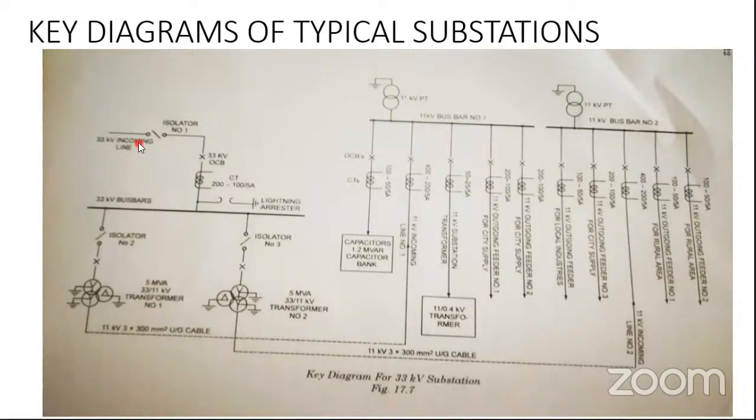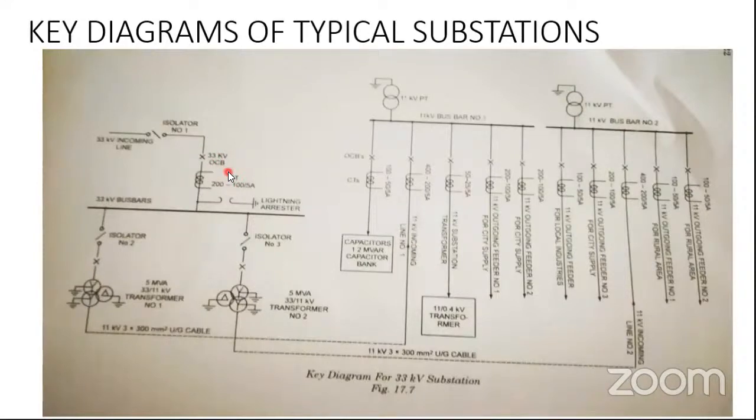The incoming line is not solidly connected to the actual bus bar of the substation, but it is connected through an isolator so that whenever we need some maintenance to be carried out in the substation, we will be disconnecting using this isolator. And we'll have a circuit breaker.